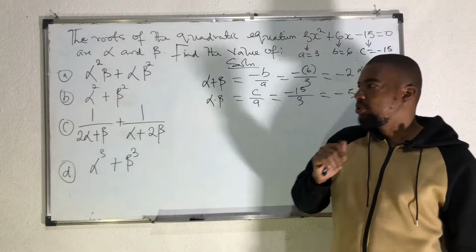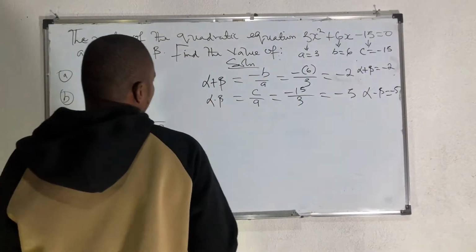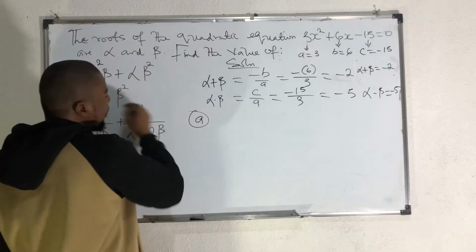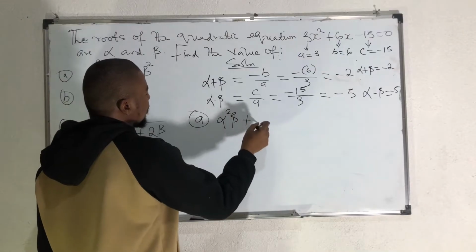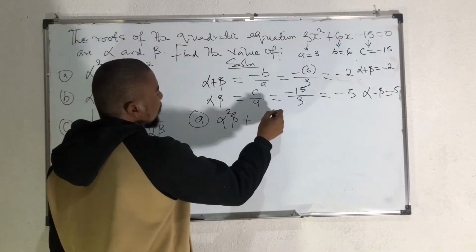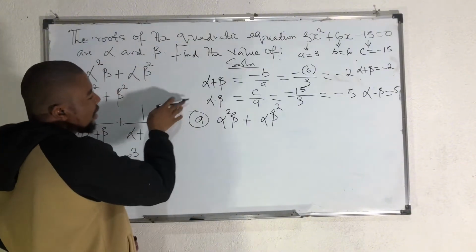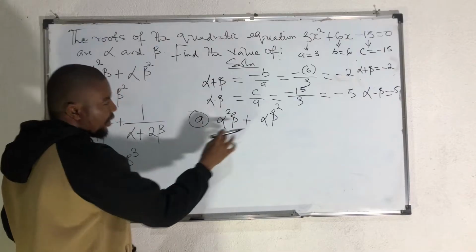Now, let me show you how to do it. Here we have the first one. I'm going to begin with my a. The a here is alpha squared beta plus alpha beta squared. If you look at this now, we don't have anything in the form of alpha plus beta or alpha times beta in here.